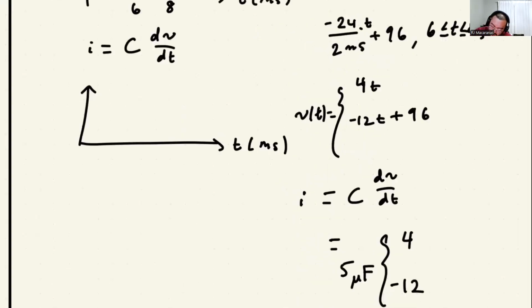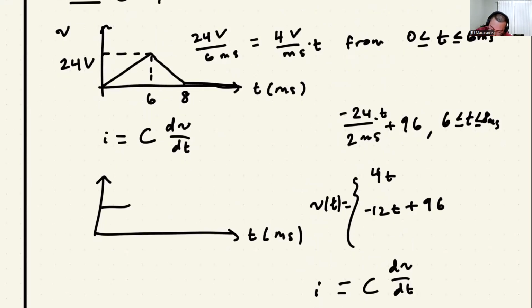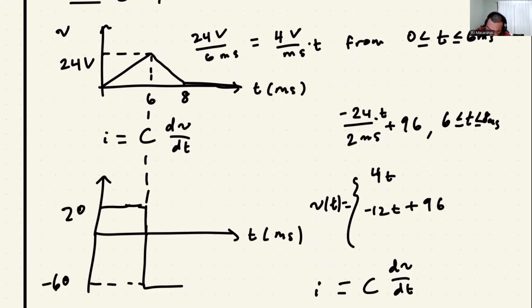So if I were to sketch this out, I've got 20 milliamps up until t equals 6 milliseconds, and then I've got minus 60 milliamps in my second interval, and then it goes back down to 0.